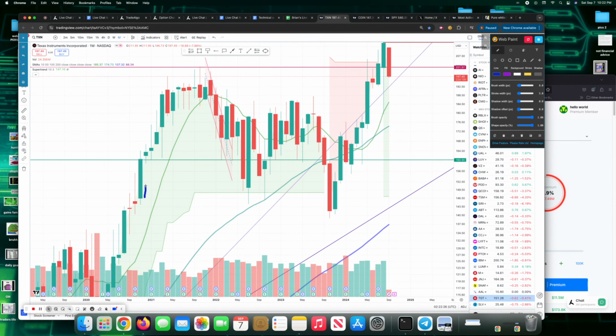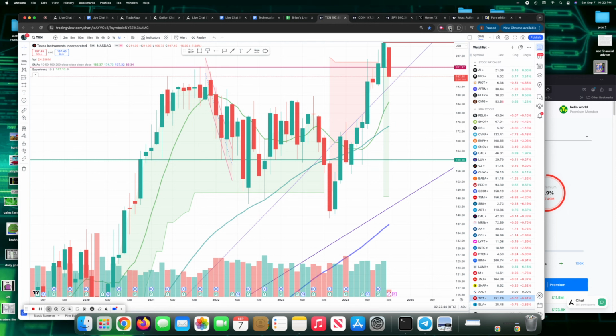So here's the aggressive push, and then we get our first red candle right here. So the zone of demand starts with this red candle. Everybody see that? Before the aggressive push. Remember, aggressive pushes up create zones of demand for buyers, and aggressive pushes down create zones of supply for sellers.